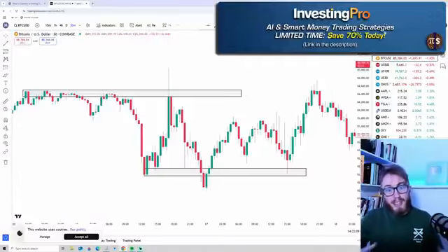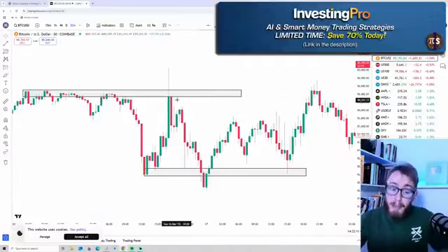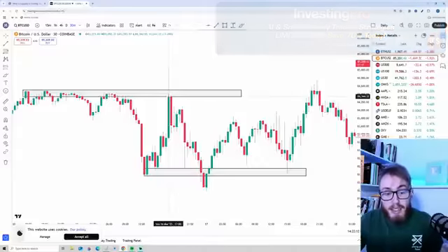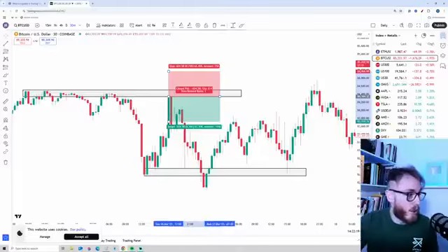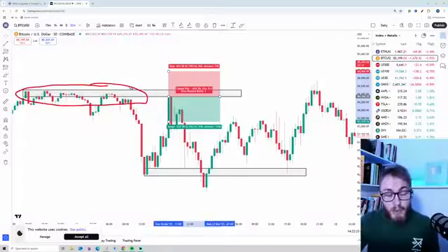Well, one of the best and simplest methods to trade the liquidity grabs is to enter at the candle close just below the liquidity zone, or in other words, just below the resistance zone right here, where we had all the stop losses above.